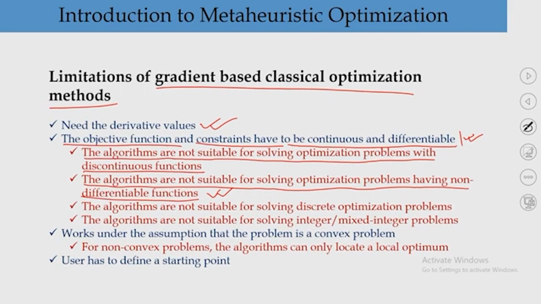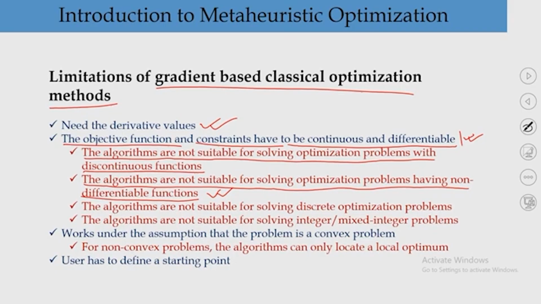Many times you will face some problem in calculating the derivative of the function. Okay. So, therefore, these algorithms are not suitable even if sometimes the function is differentiable, but it is very difficult to calculate the derivative. It may take a lot of time to calculate the derivative also. So, in that case also these algorithms are not suitable.